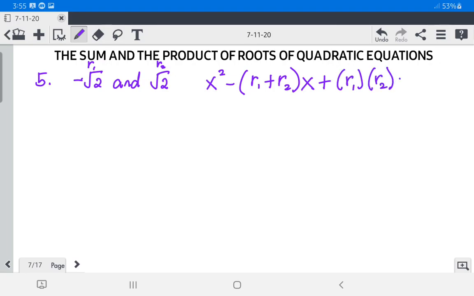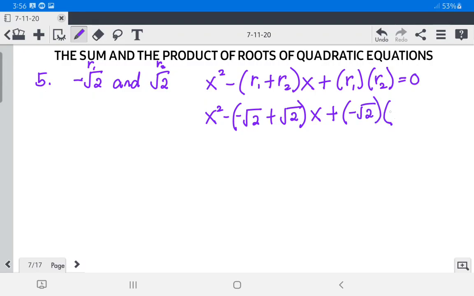So we have x squared minus r sub 1 is negative square root of 2 plus square root of 2 x plus r sub 1 is negative square root of 2 times this one square root of 2, then equals 0.